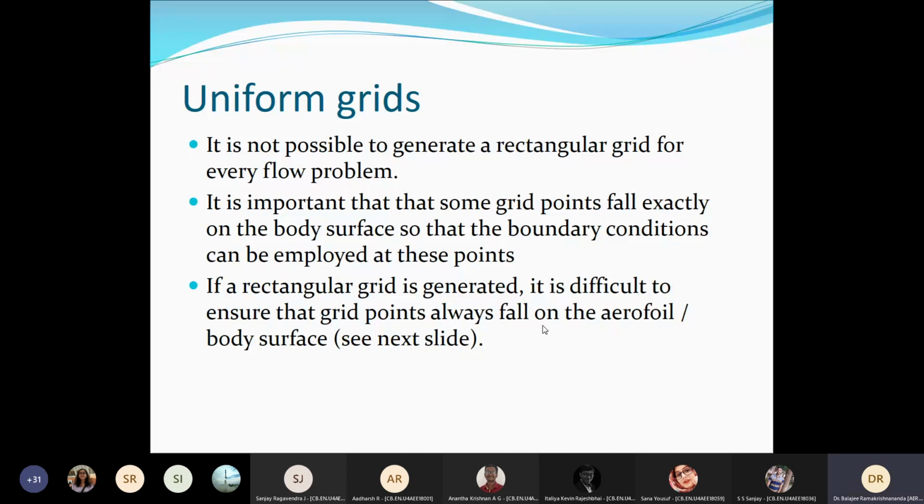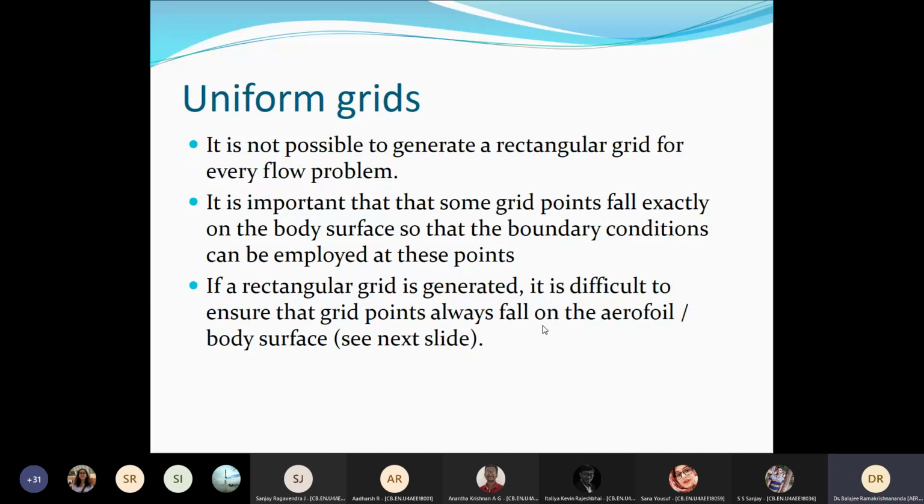It is important that some grid points fall exactly on the body surface for you to enforce the boundary conditions properly. Suppose you want to enforce no mass flow rate through the wall, or you want to say that the normal component of velocity at that point is 0, to enforce the boundary conditions numerically.